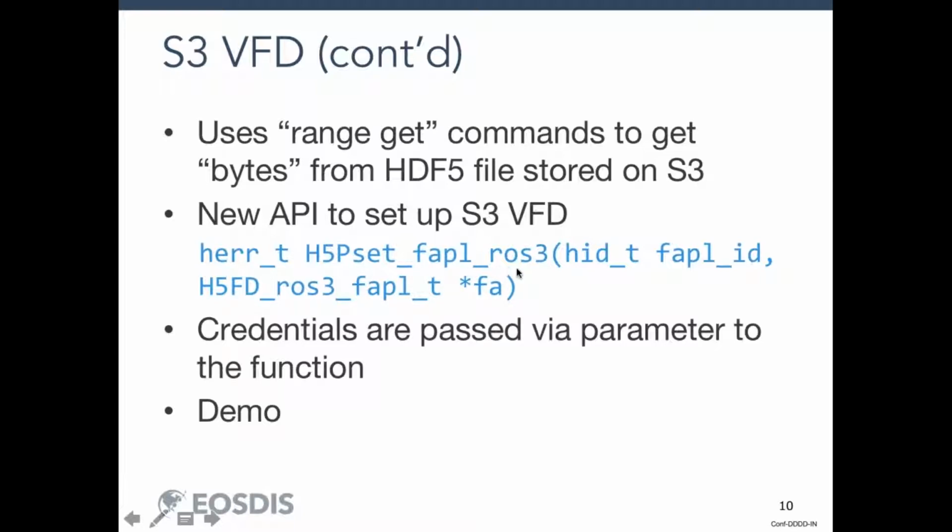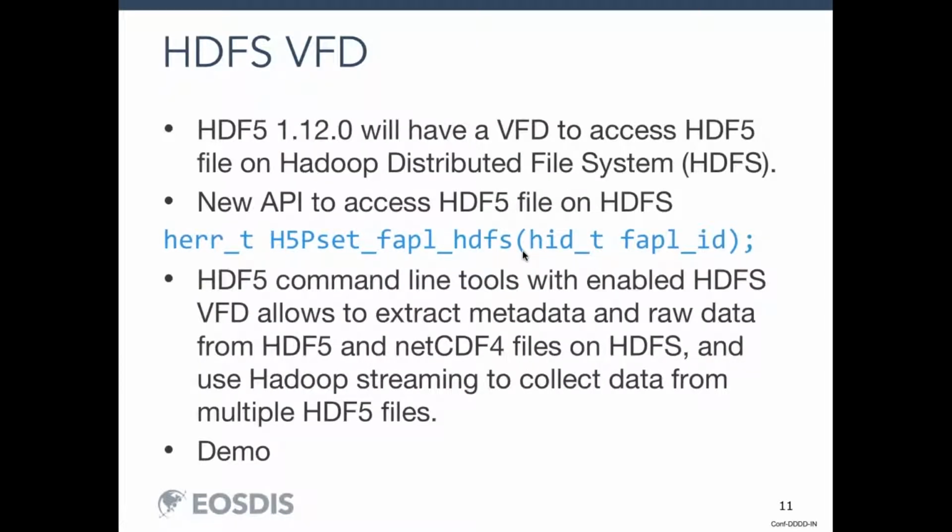If you work with an application, the only change you may want to make, if you do not want to use an environment variable to select the driver, is to set a call to tell the library to open the file with the S3 driver using a specific call like H5Pset_fapl_ros3.